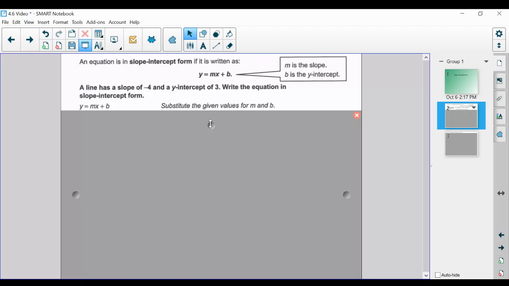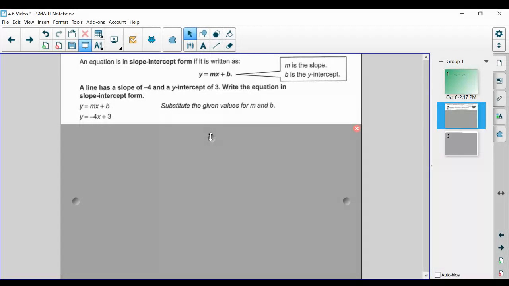So all we're going to do is substitute the given values for m and for b. Again, m stands for your slope and b stands for the y-intercept. Well, we know it has a slope of -4 and a y-intercept of 3. So we're going to rewrite it as y equals -4x plus 3.